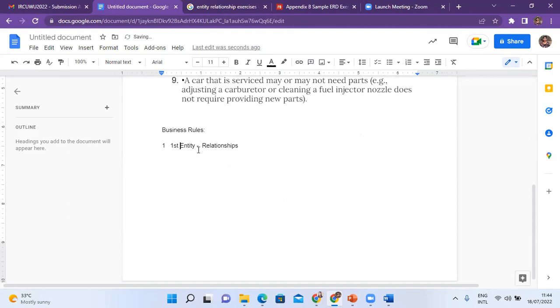First entity, relationship, second entity, then relationship type.